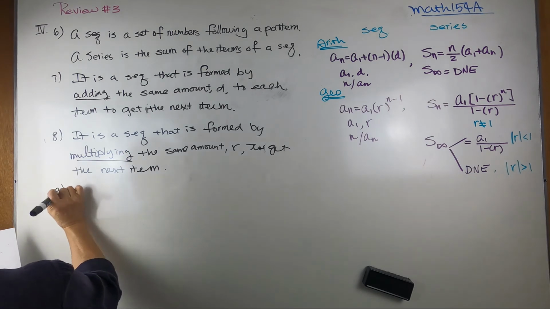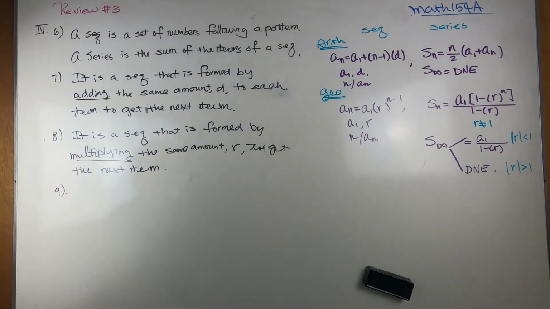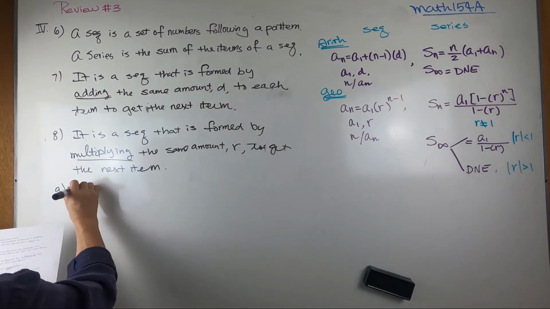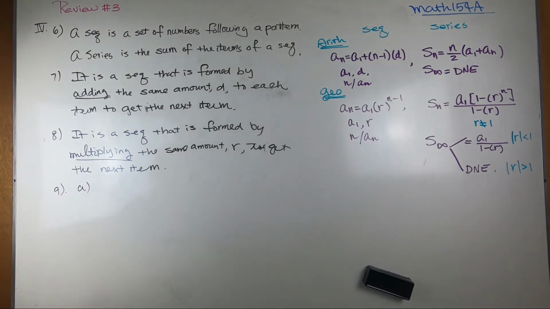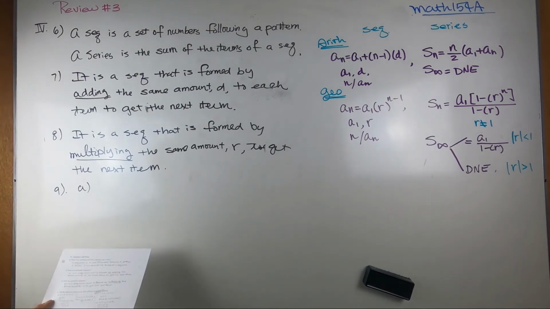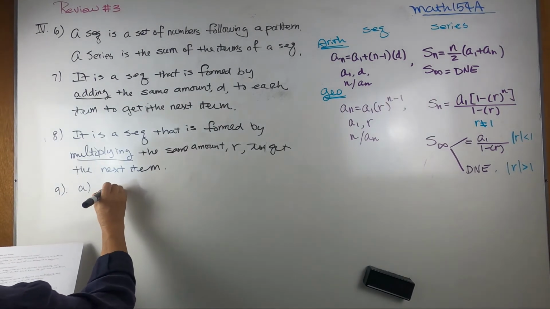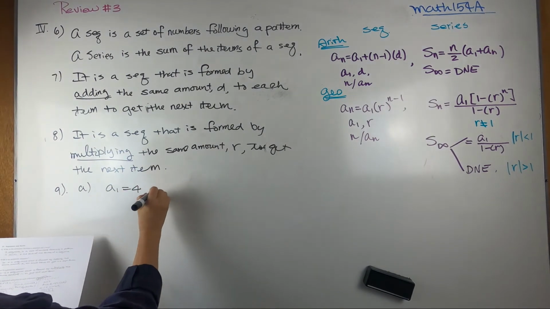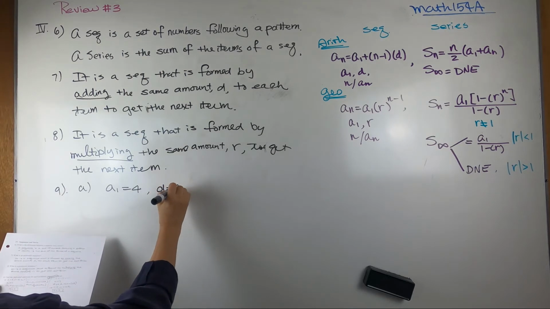So then let's find some numbers. For the first one, some of them are geometric, some of them are arithmetic, you have to decide, okay? So A1 is 4 and D is 6.